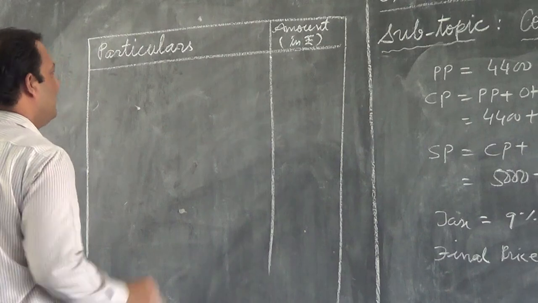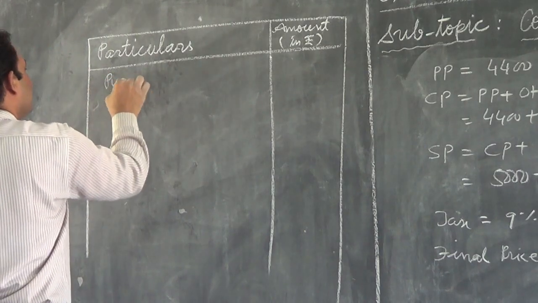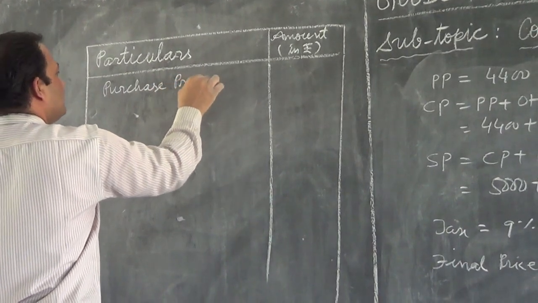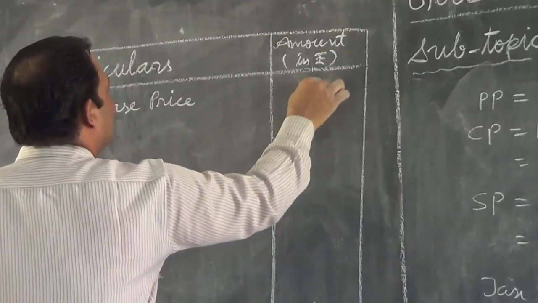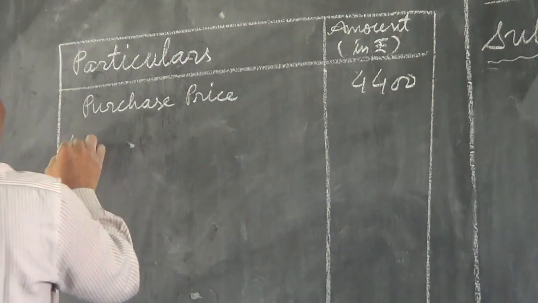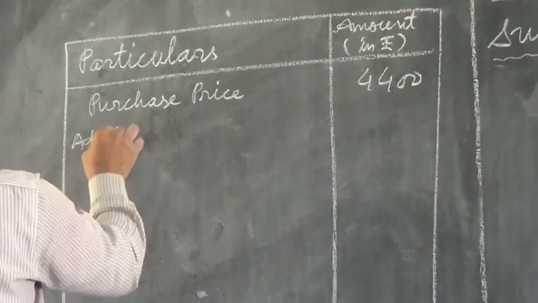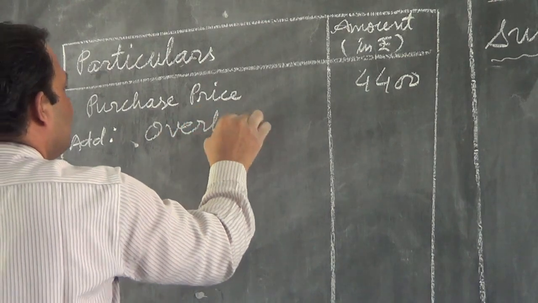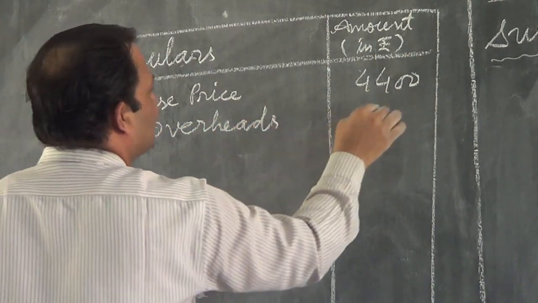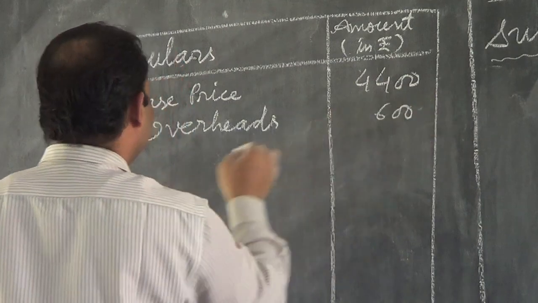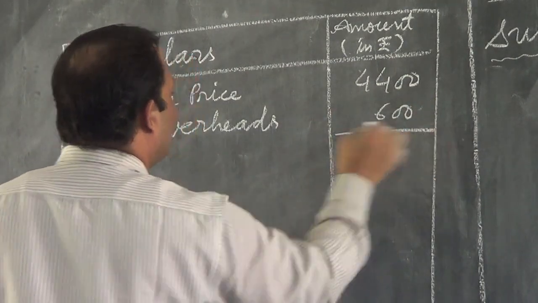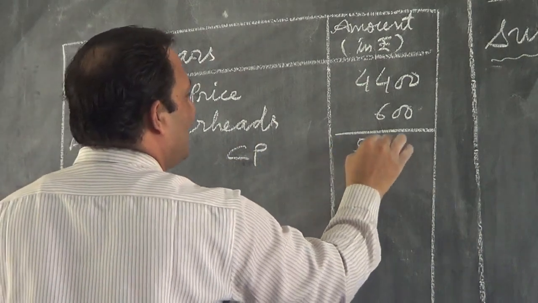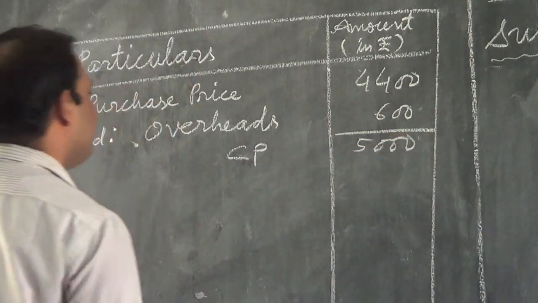Then we can write here purchase price. Purchase price is how much? 4,400. Then write here add overheads 600. Then whatever we got, we give the name cost price, rupees 5,000.